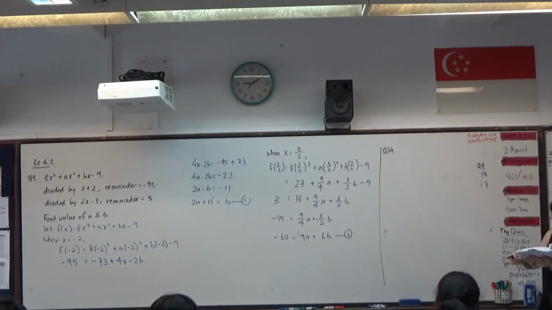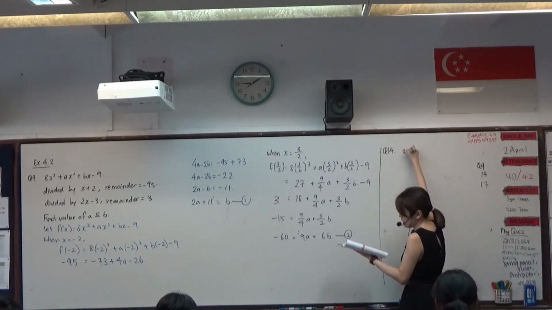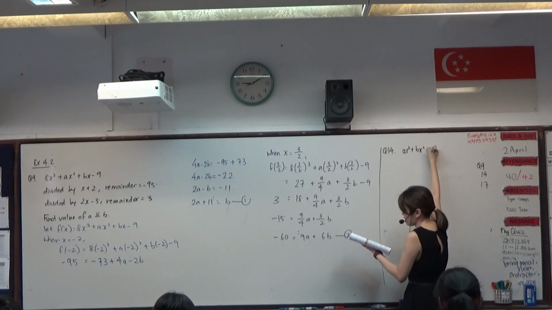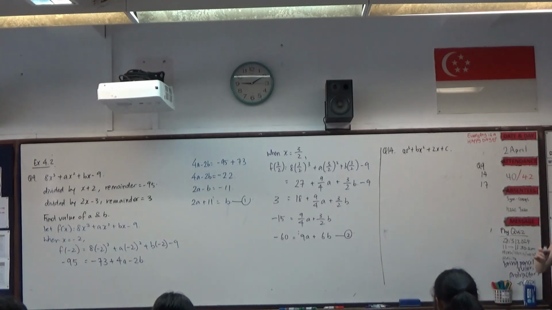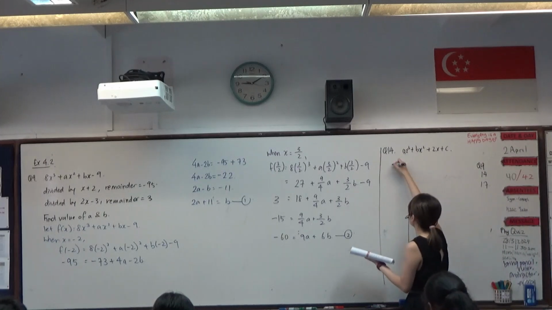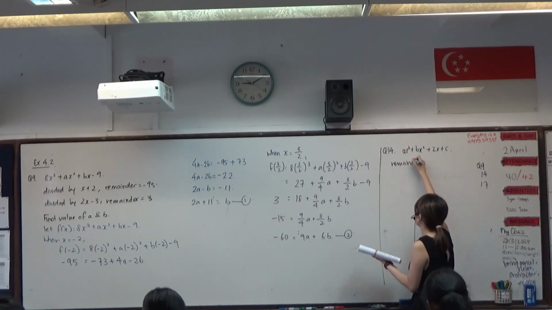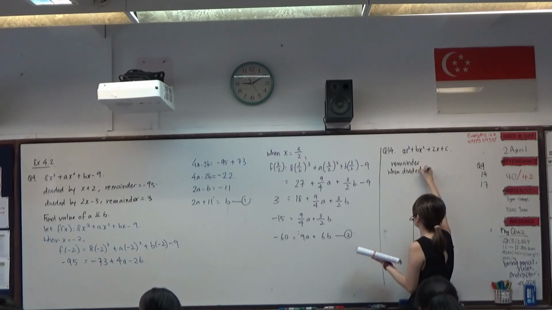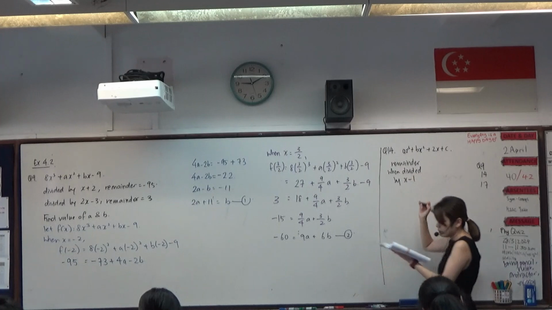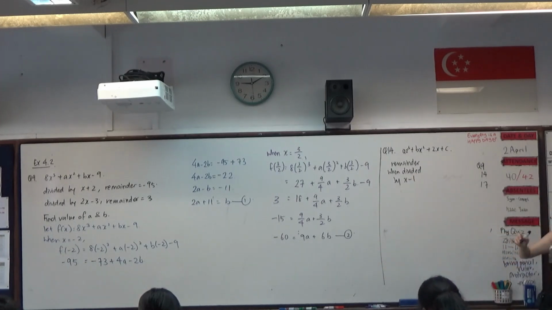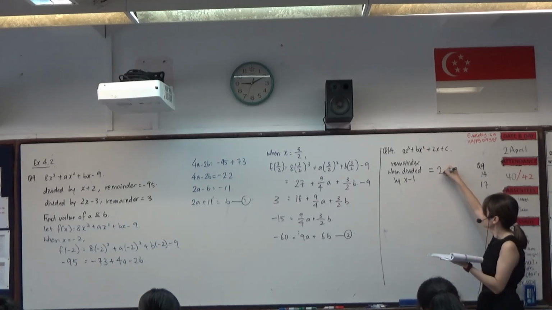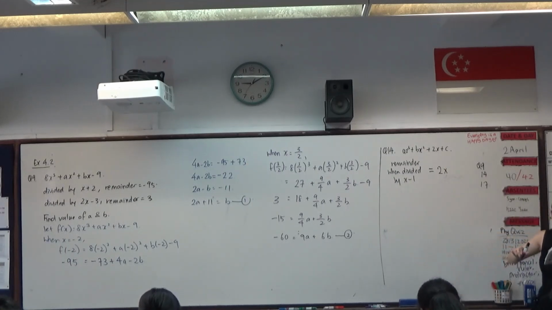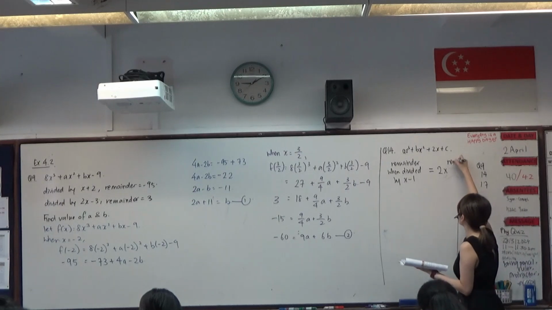Okay, question 14, they gave you an expression ax cubed plus bx squared plus 2x plus c, said that the remainder when divided by x minus 1, okay, is actually twice that, so equal sign, twice means 2 times when it is divided by x plus 1.